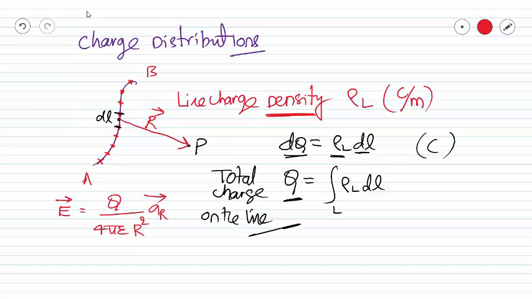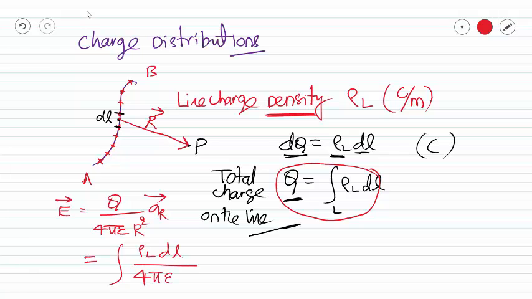Now the charge q is the total charge on the line given. So for a line charge distribution, the electric field intensity at a point is given by integral rho L dl by 4 pi epsilon r square a r bar.